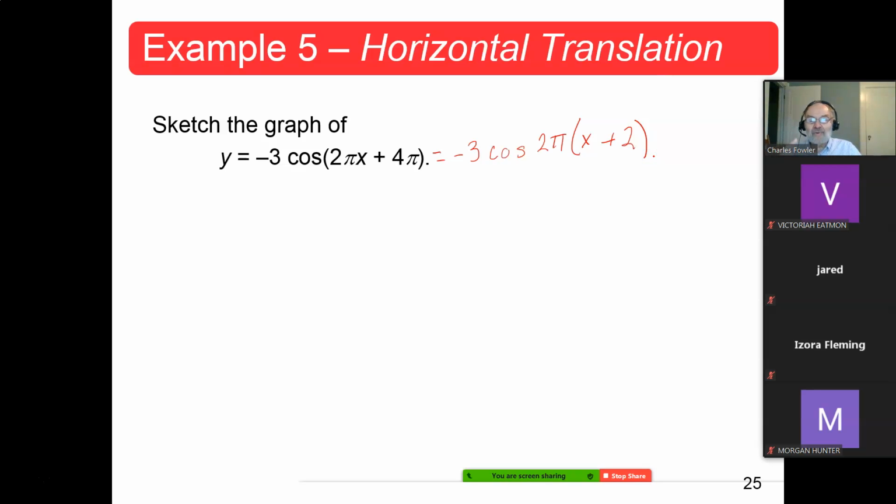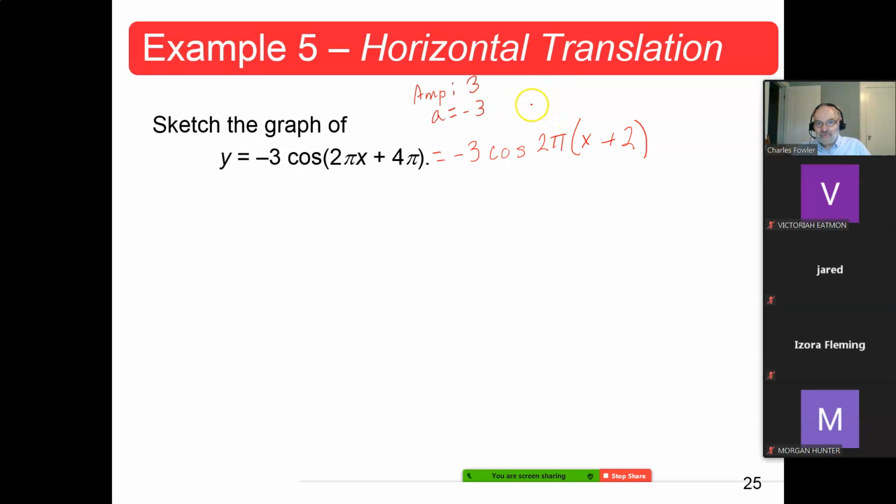Just the number 2. Not 2 pi, just 2. Now, that's what I'm going to analyze. Your little a here is -3. Now this implies that your amplitude is the absolute value of that. That would be 3.